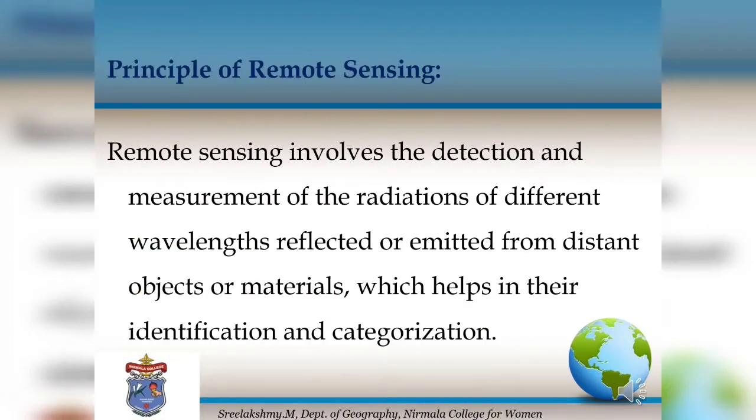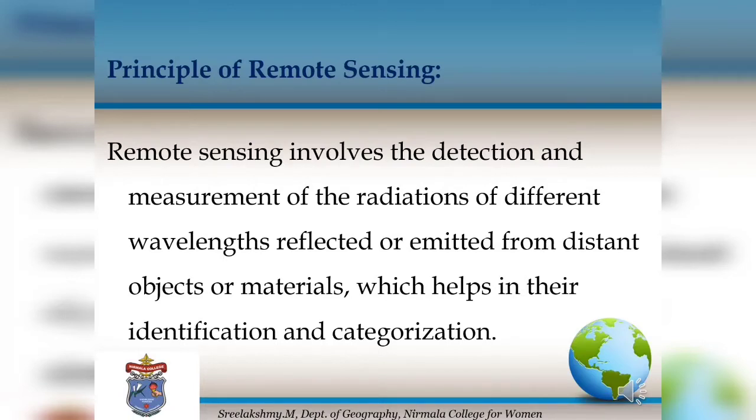We will see how a remote sensing system works. Remote sensing involves the detection and measurement of radiation of different wavelengths reflected or emitted from distant objects or materials, which helps in their identification and categorization.